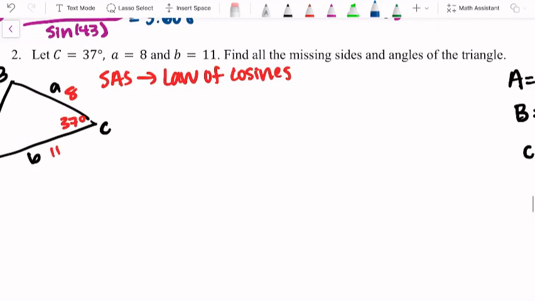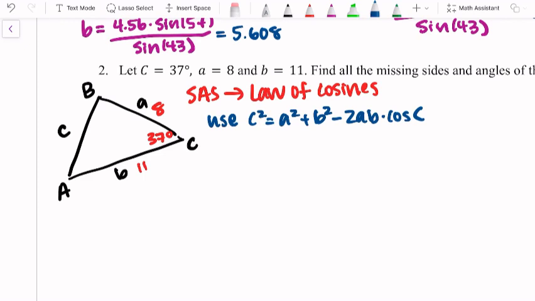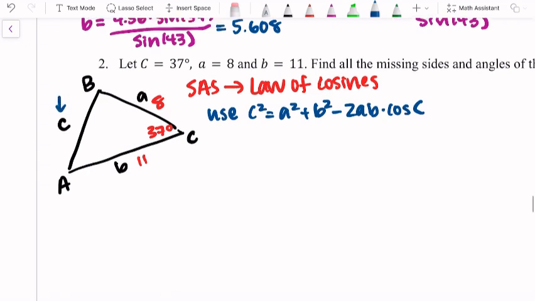So I'm going to use c squared equals a squared plus b squared minus 2ab times cosine of c. Okay, so it's all about thinking about what's the information I have, actually being able to use it there. So it doesn't matter what we solve for first, we just have to pick something. I would say let's go ahead and solve for side length c first, so then we have all of our sides to use.